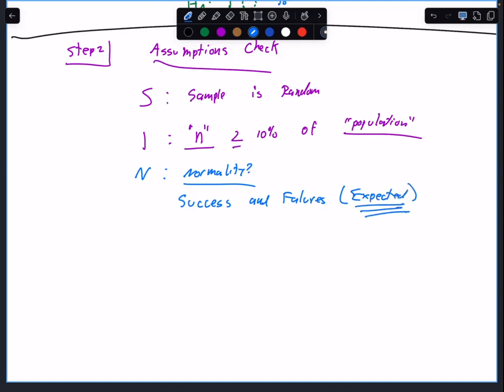When we did confidence interval, it was observed successes. Because in confidence intervals, we base everything on the sample that we create. The idea is in confidence intervals, you take a sample, and based on that sample, what does the sampling distribution look like? That's not the case here. In a hypothesis test, we have not yet taken a sample or looked at the sample.